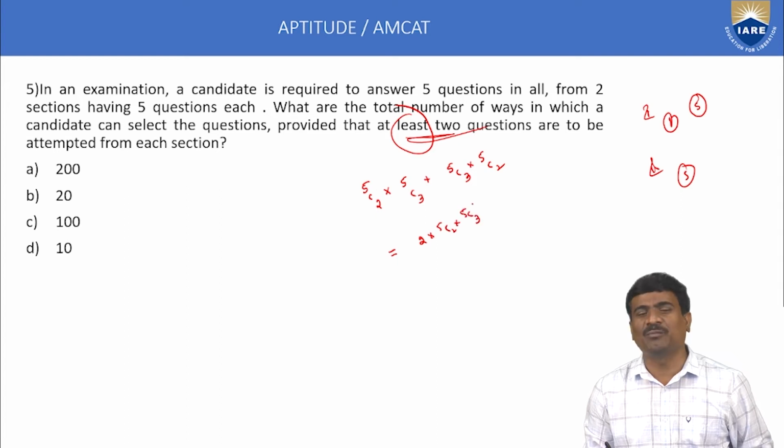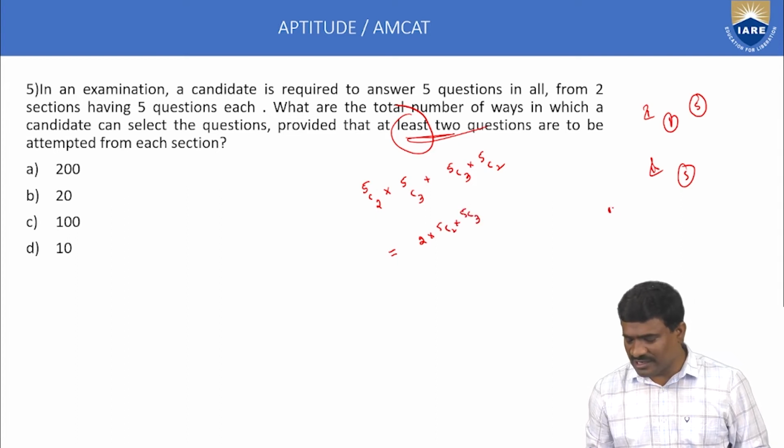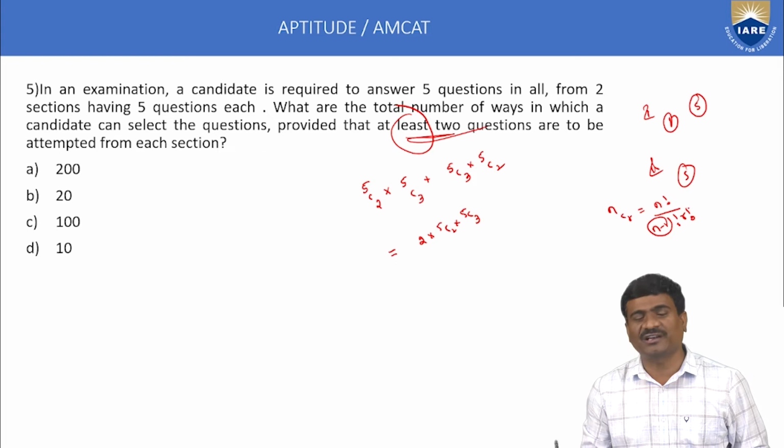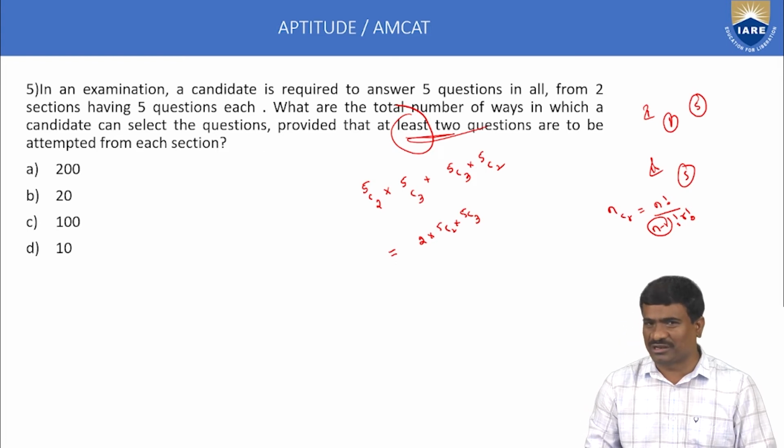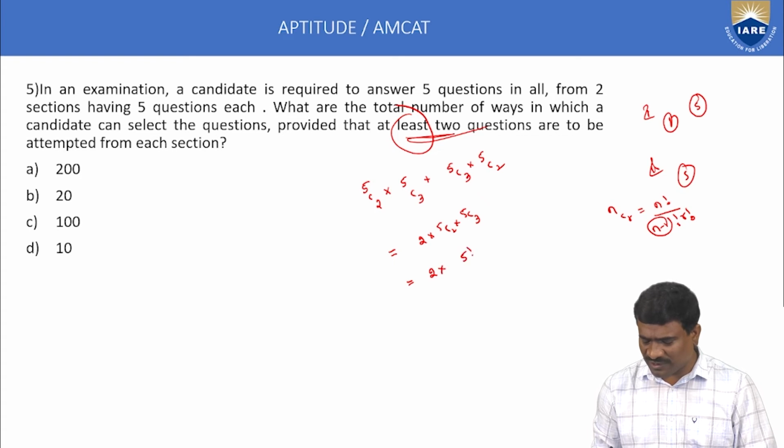Now apply the combination principle, that is nCr is equal to n factorial divided by n minus r factorial into r factorial. Next, 2 into 5C2 means 5 factorial divided by 3 factorial, and 5C3 means 5 factorial divided by 2 factorial.